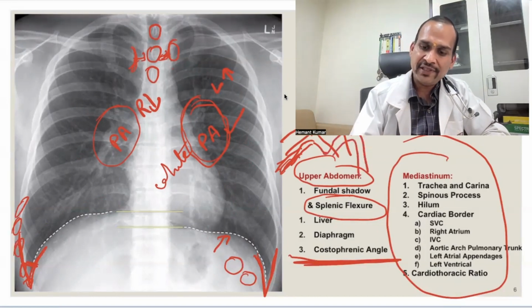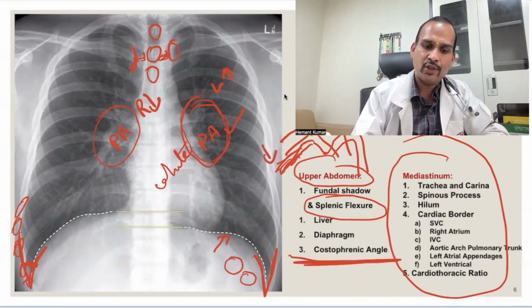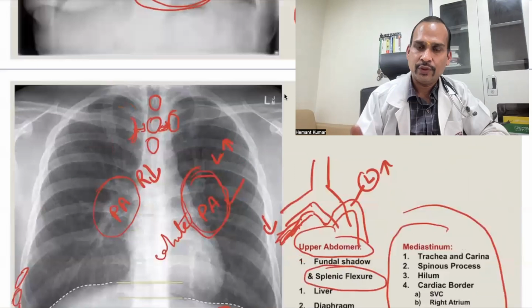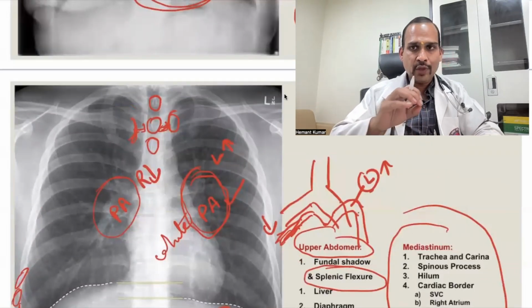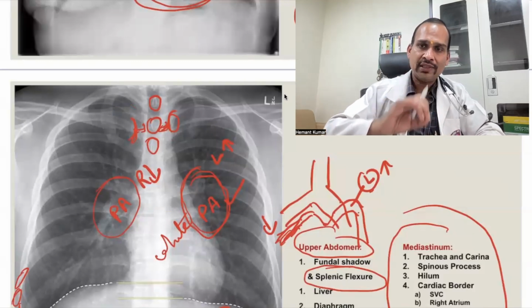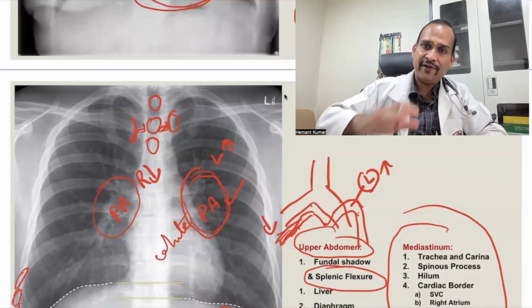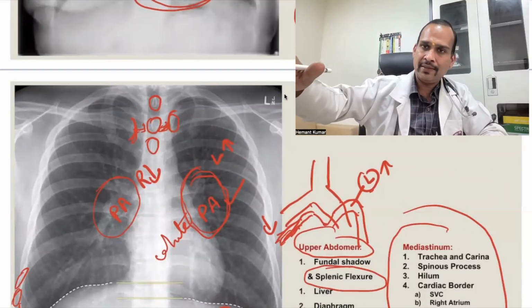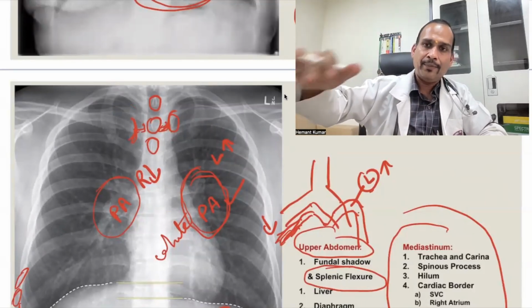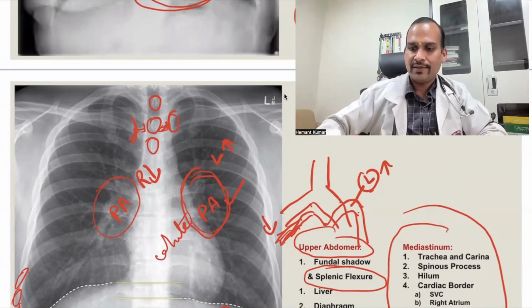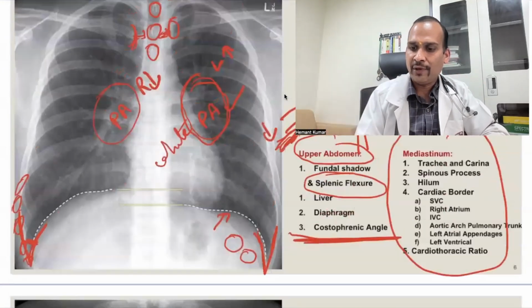That's why the left side is higher and the right side is lower. So whenever you are asked which hilum is lower and which is higher, the right hilum is lower and the left hilum is above. But the diaphragm, the right diaphragm is above and the left diaphragm is lower. Okay, so this is about the hilum.